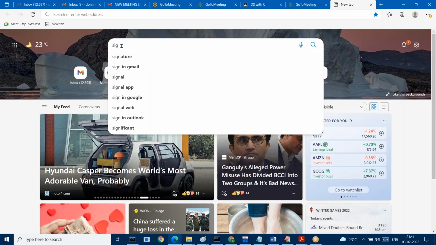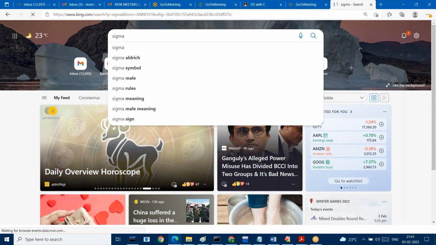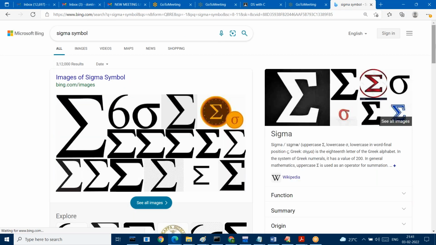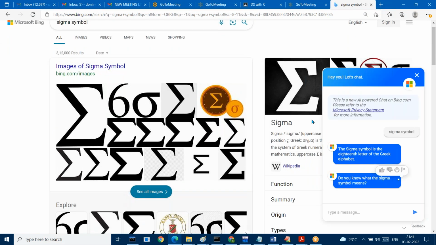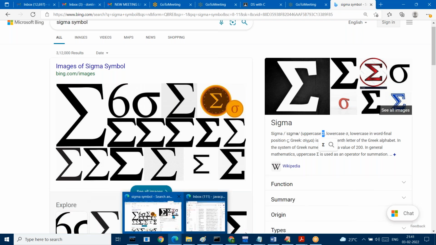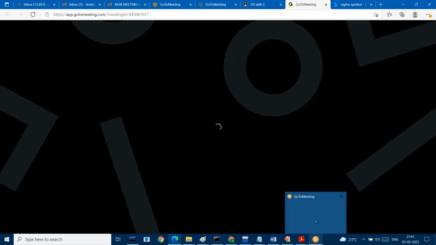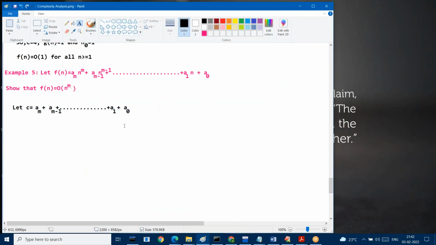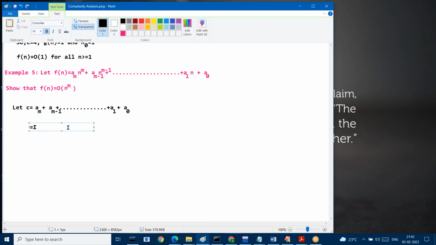Sigma. Okay, so this thing we can write equal to sigma.